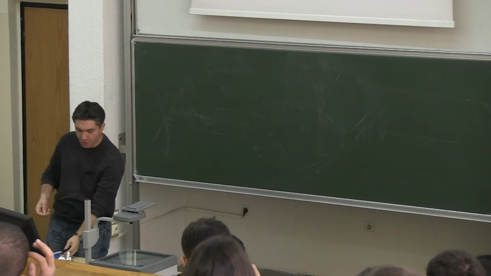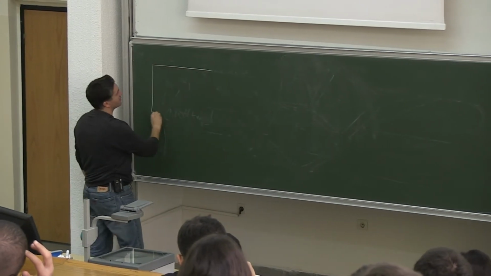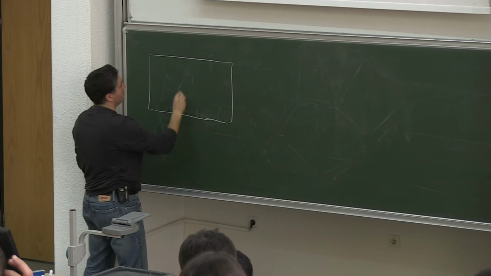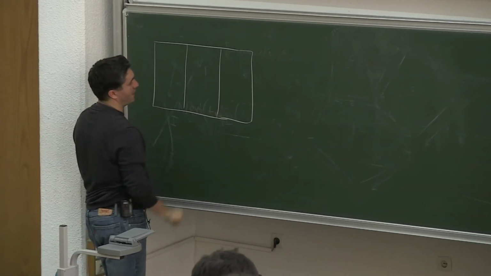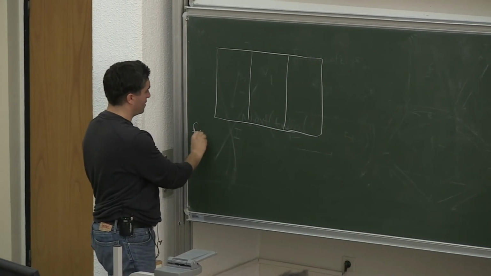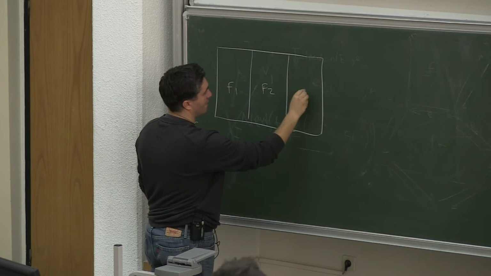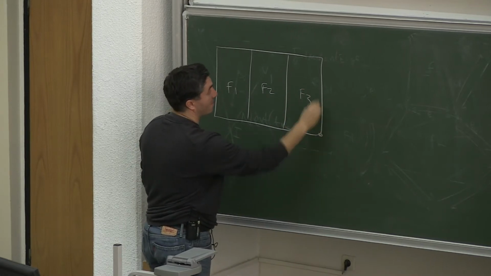Okay, now I'm going to draw you two subdivisions, which are very simple. Okay, one subdivision is this. I have F4, F1, F2, F3, and these are my vertices.